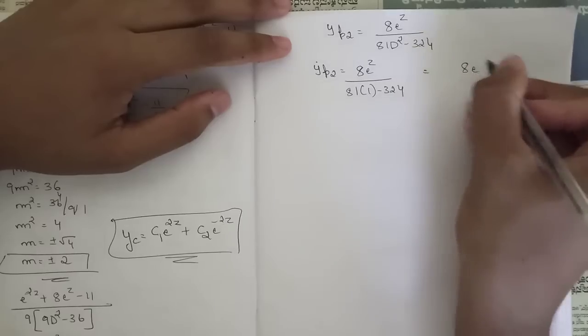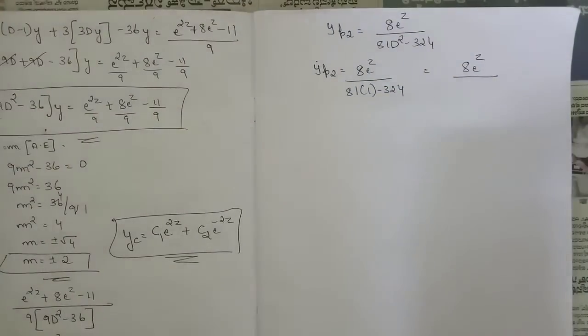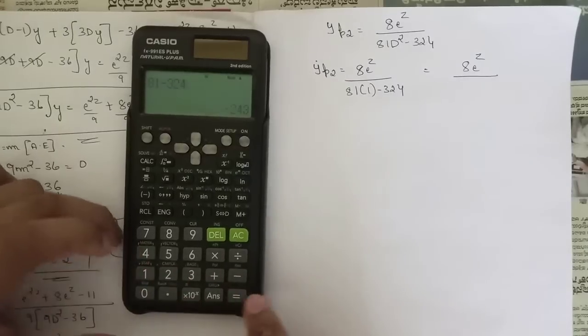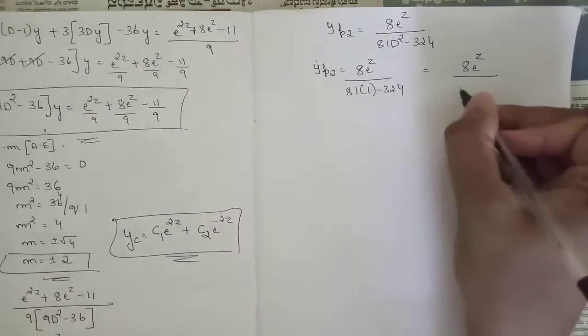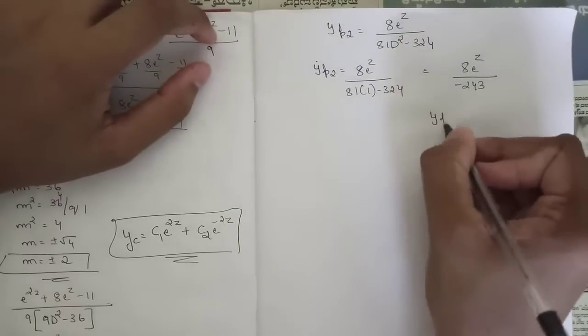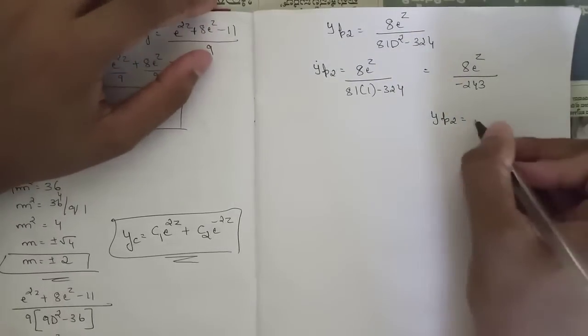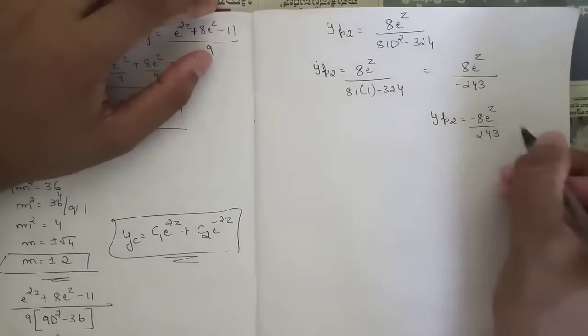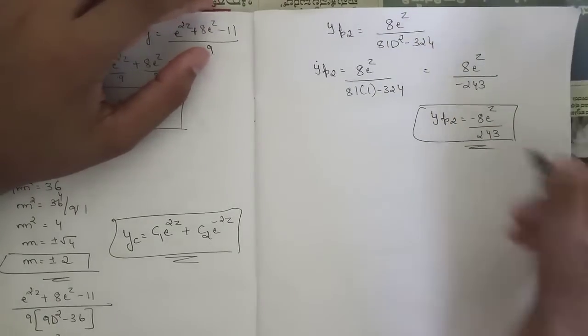So we get 8 e power z divided by 81 minus 324. 81 minus 324 is minus 243. Okay, yeah, so our yp2 term corresponds to minus 8 e power z by 243.